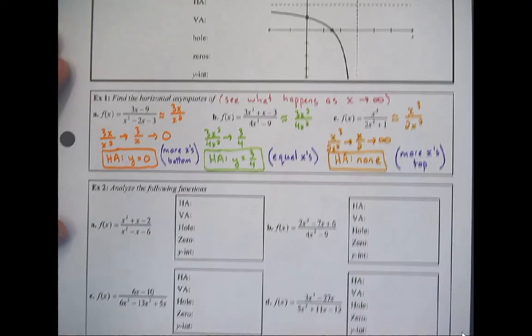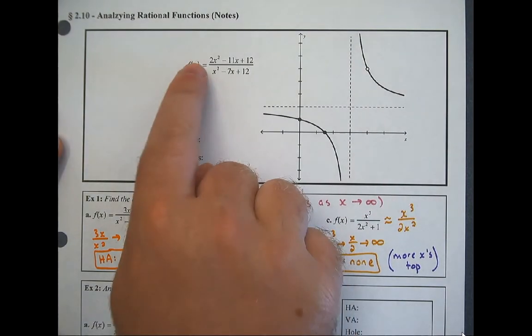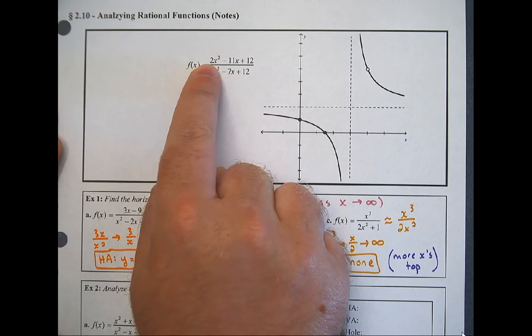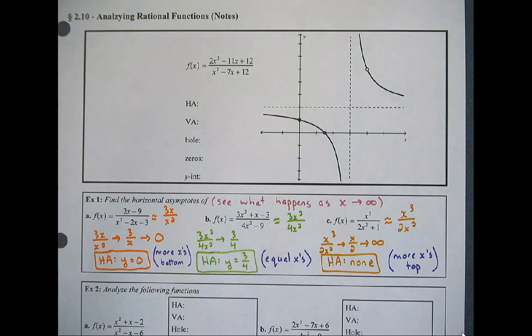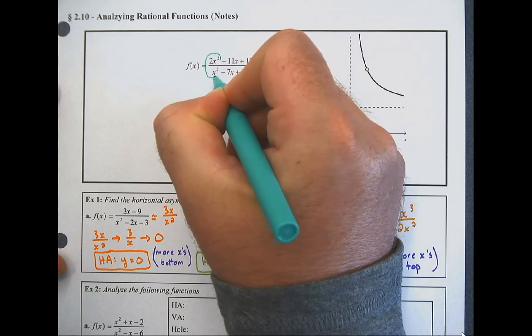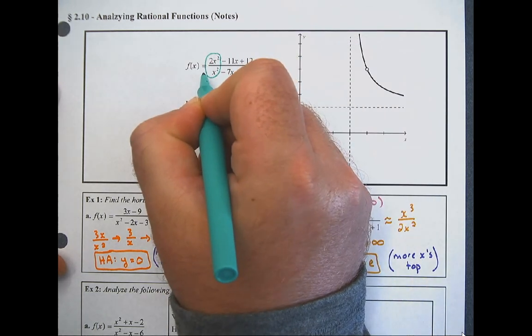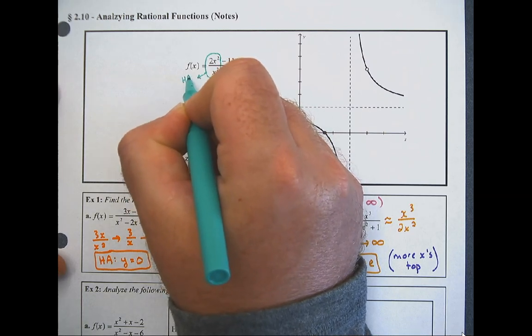So let's go back up here. How did we figure out the HA again? Well, we looked at the most powerful term on the top compared to the most powerful term on the bottom. And 99% of the time, they're going to be written in that format so that the first term is the term that we're talking about. So I'm going to have you circle these two and draw a little arrow that says HA.